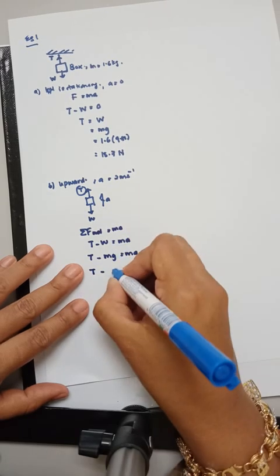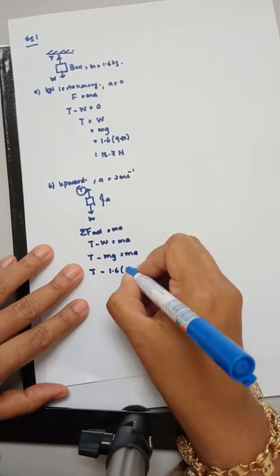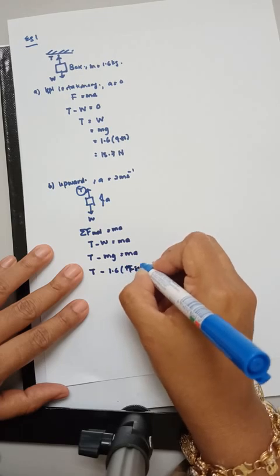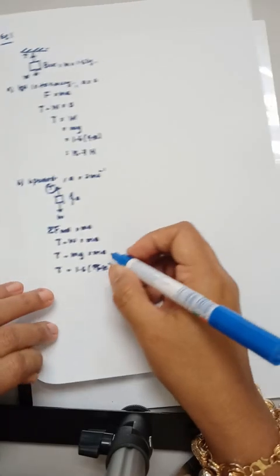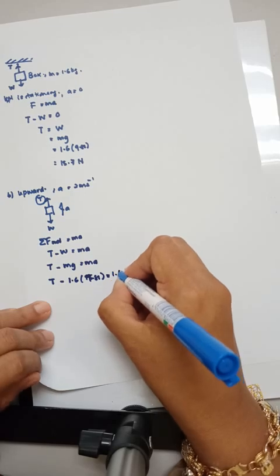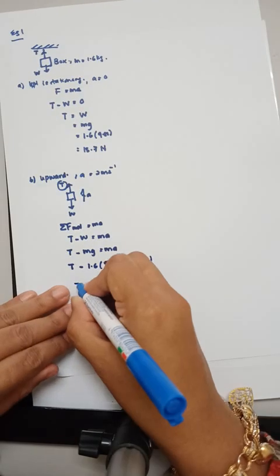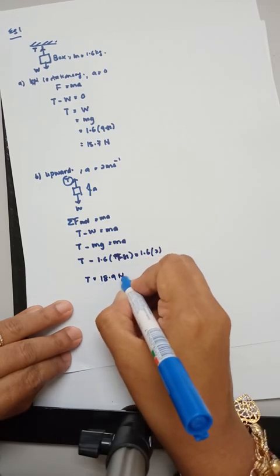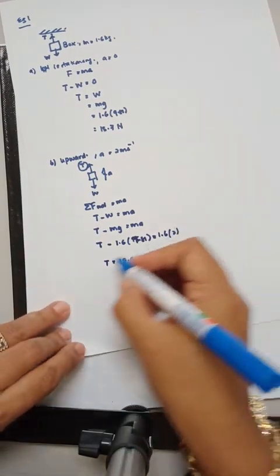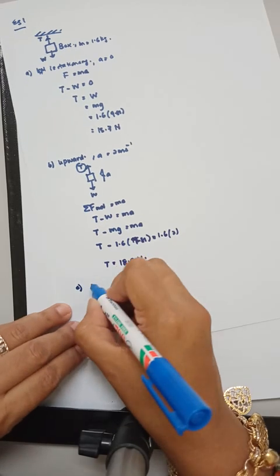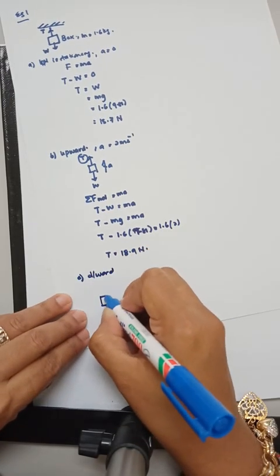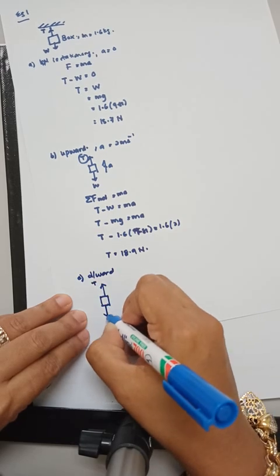So M is 1.6, G 9.81 is equivalent to M 1.6 times 2. So T is 18.9 Newton.